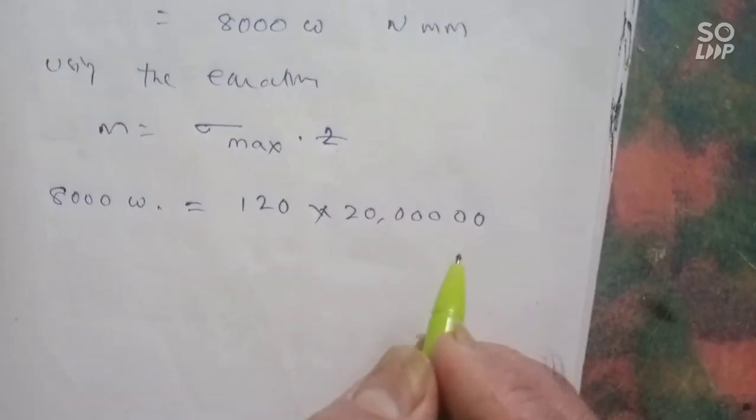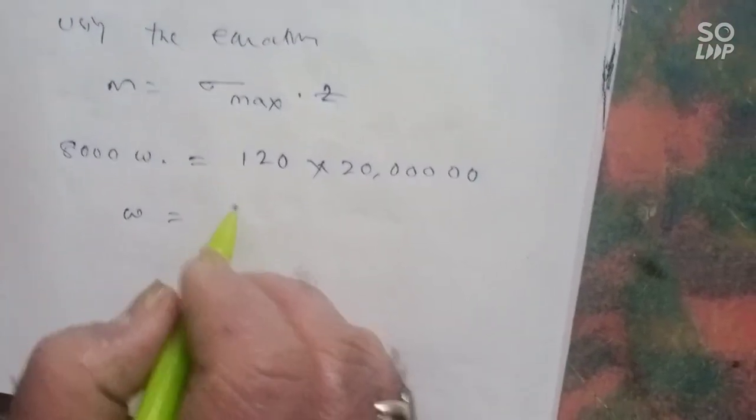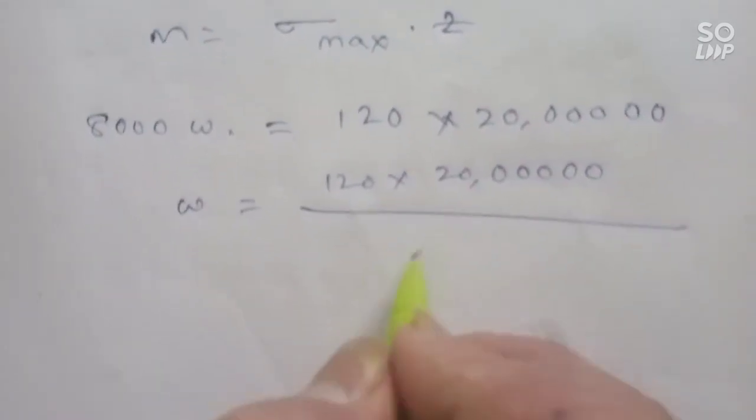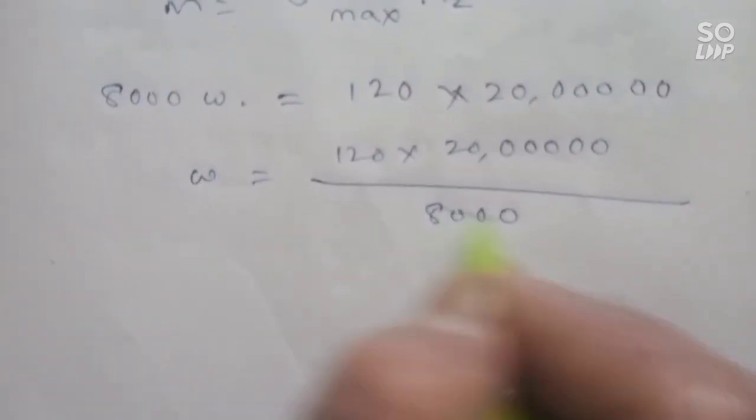So the required value W is equal to 120 into 20 lakhs divided by 8,000.